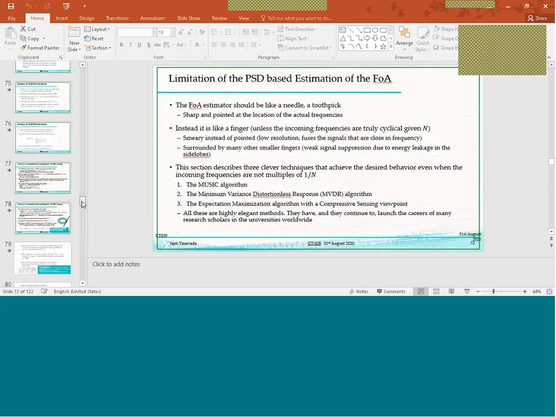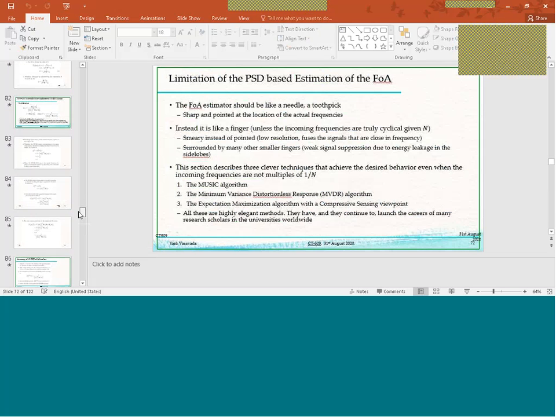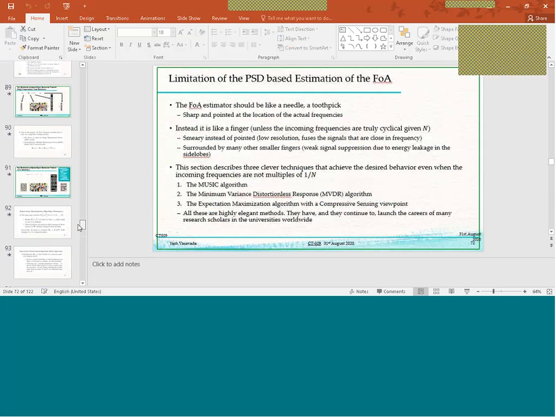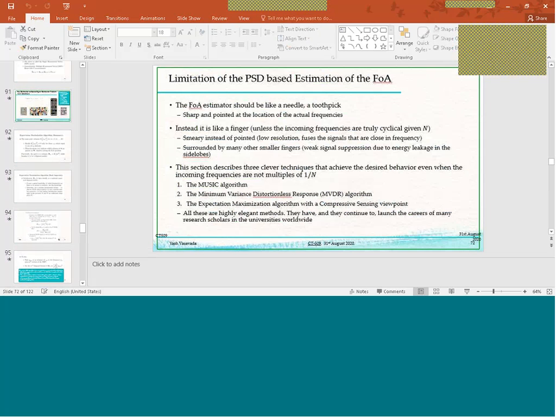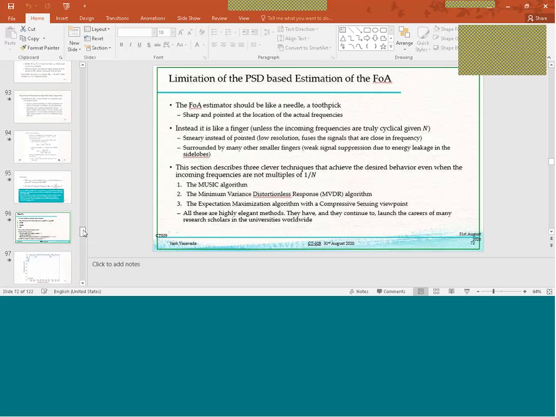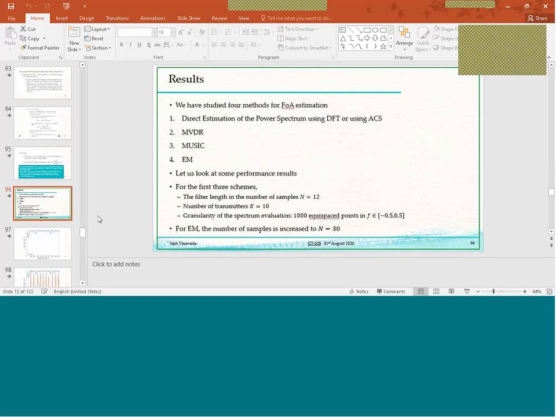But before we conclude today, let us look at the comparative performance of the standard DFT based estimation of power spectral density, the MUSIC and the MVDR.